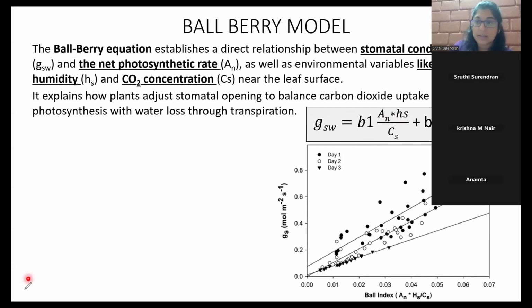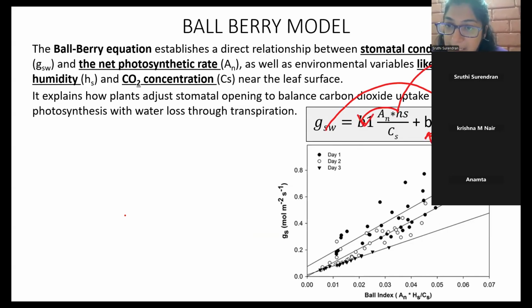So you can see here it is y is equal to mx plus c. Here y is the stomatal conductance, m is this b1 term, c is this term, and the quantity x is this term.